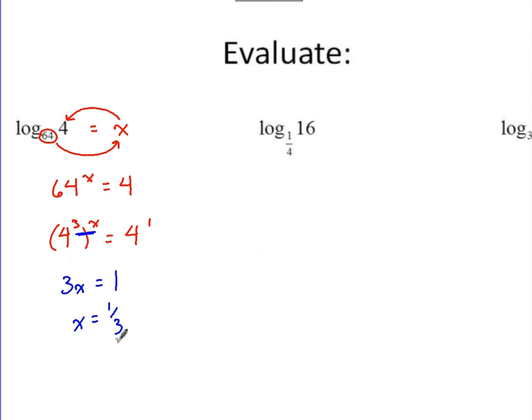Okay, next one here. You've got log base 1/4 of 16. Just to be consistent with how I presented the last one, let's let that equal x. Let's set up the exponential form. So it'd be 1/4 to the x equal to 16.